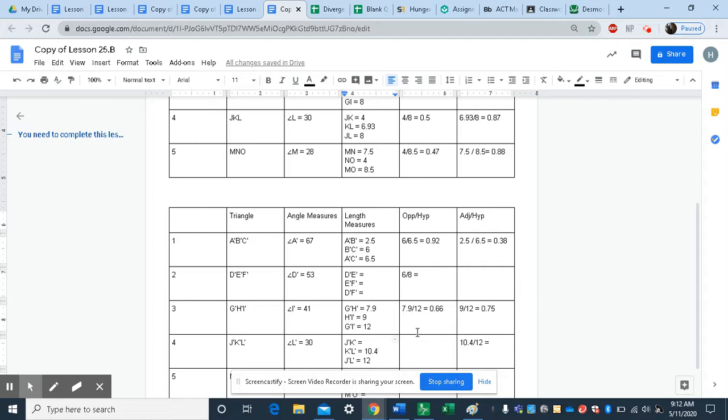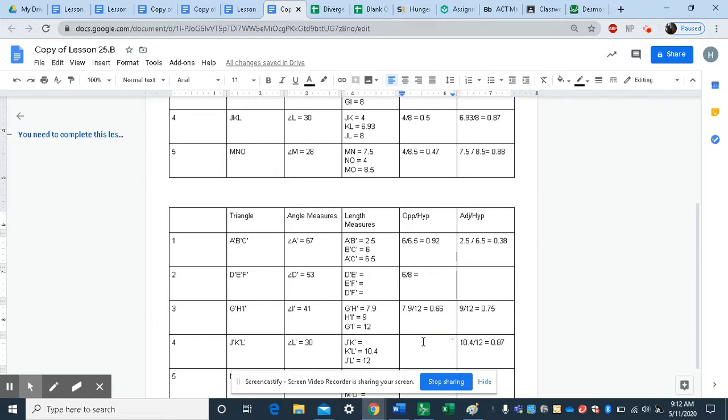Yes, that was my fault. I've made several mistakes. It's okay. This is life. Okay, so now we need to divide it out to see if our numbers match. So we have 10.4 divided by 12, and we get 0.87. Okay, so we have 0.87, which matches what we have on top.